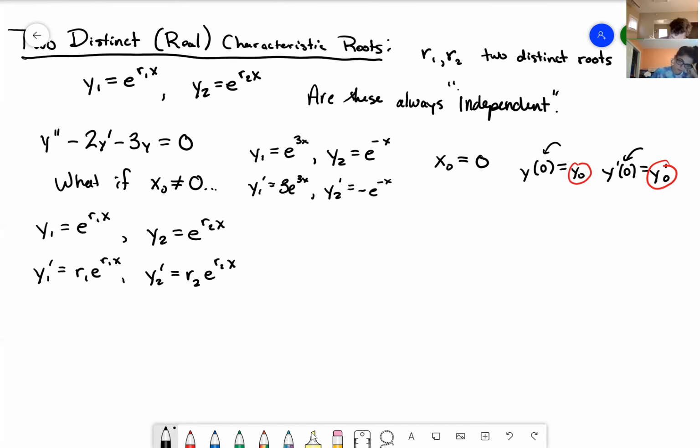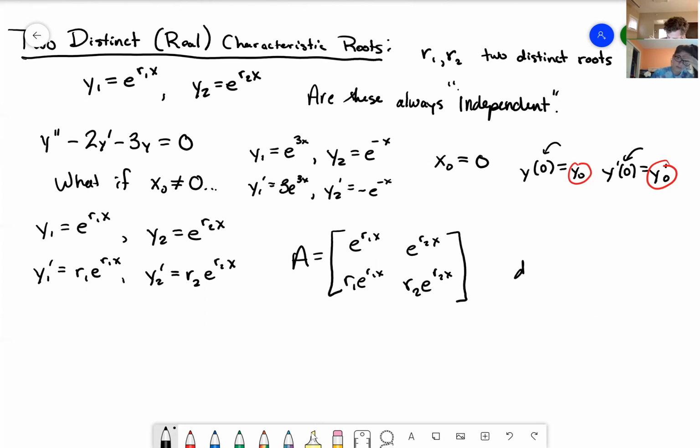So we can compute the Wronskian easily. We can say that A is the matrix with rows e to the r1x, e to the r2x, and r1 e to the r1x, r2 e to the r2x.